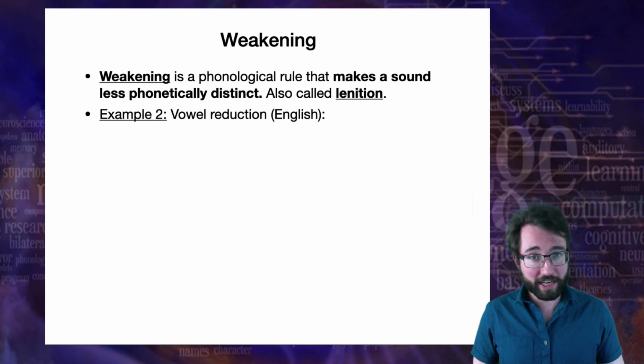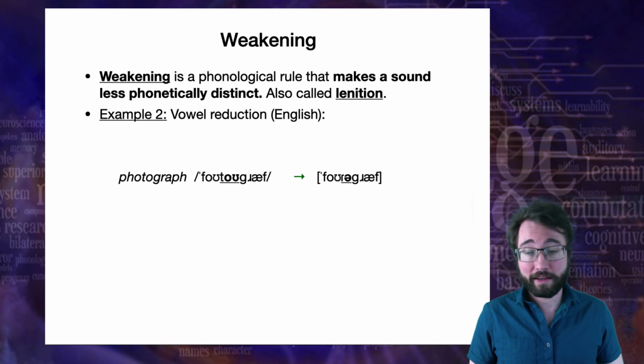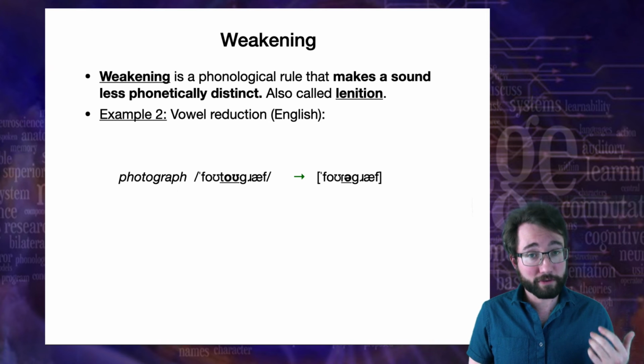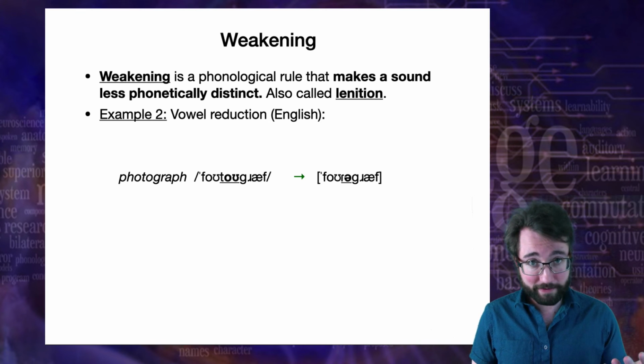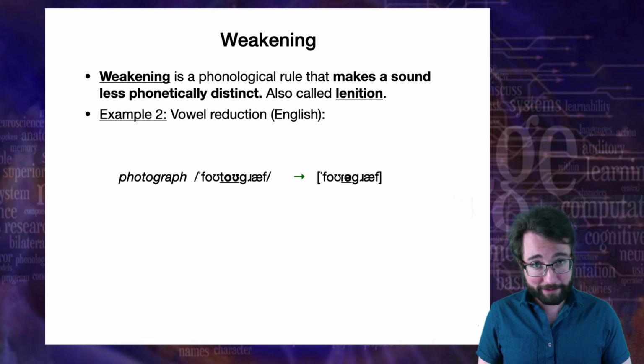Another example of weakening is vowel reduction. This is something which applies a lot in English. So if you take a word like photograph, underlyingly in terms of the phonemes, that's photograph, so the second vowel is an O. But then as that's pronounced, it comes out as photograph.